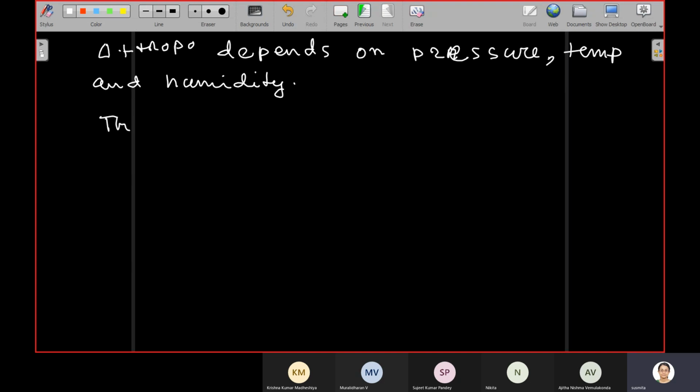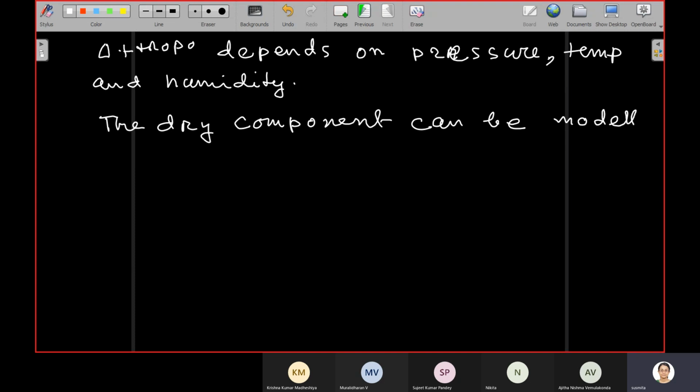The dry component can be modeled easily.